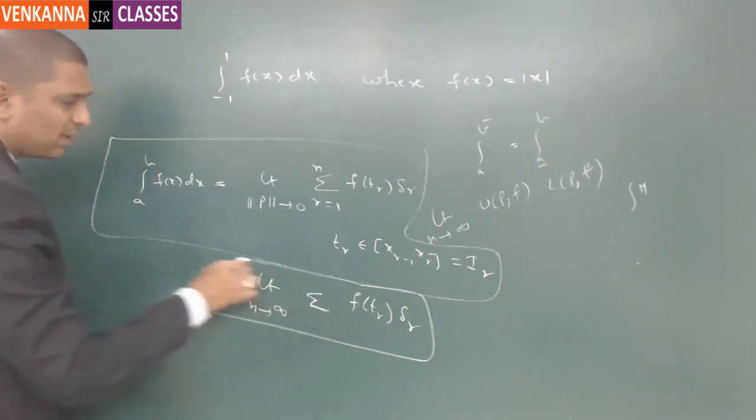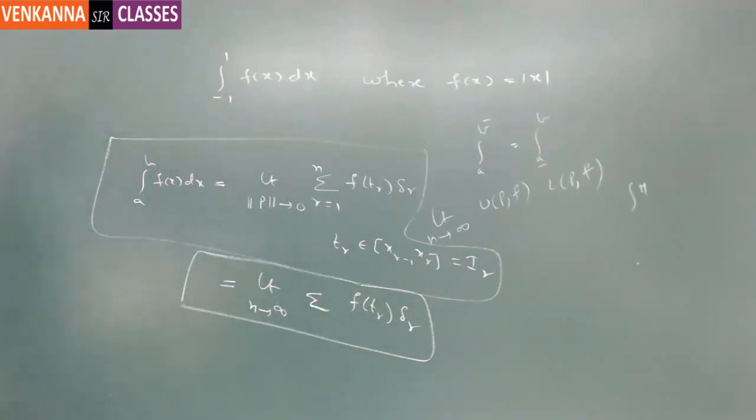So apart from calculating the lower integral, the upper integral, and taking limits for UPF and LPF, this is the other technique to prove the value of integral a to b f(x) dx. Whenever the function involves modulus, we are going to make use of this technique.